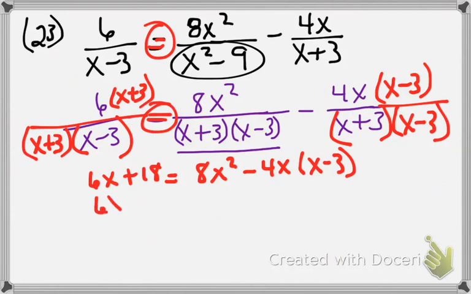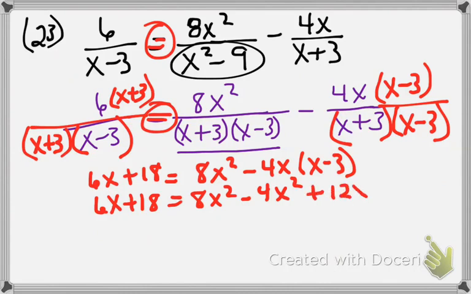So we're going to have 6x plus 18 equals 8x squared, and then I'm going to distribute the negative 4x. So this would be negative 4x squared, and when I multiply negative 4x times negative 3, I'm going to get positive 12x. So I'm just going to add and subtract my like terms as I go. 8x squared and 4x squared right here, this becomes just 4x squared, but plus 12x.